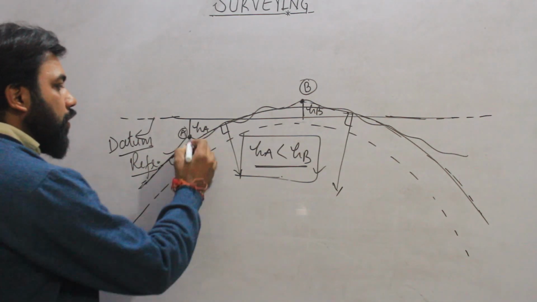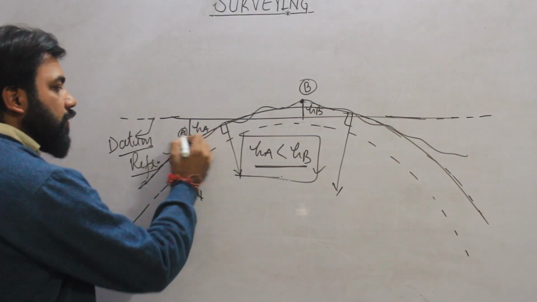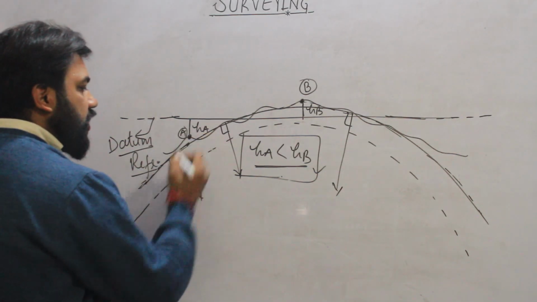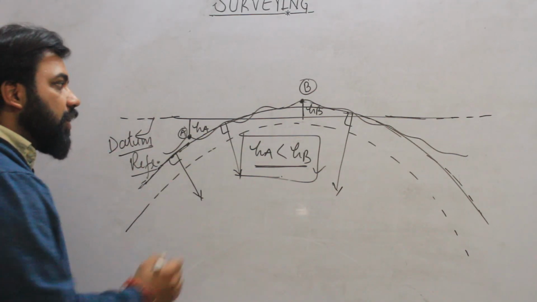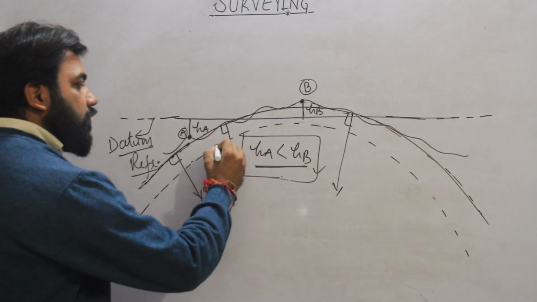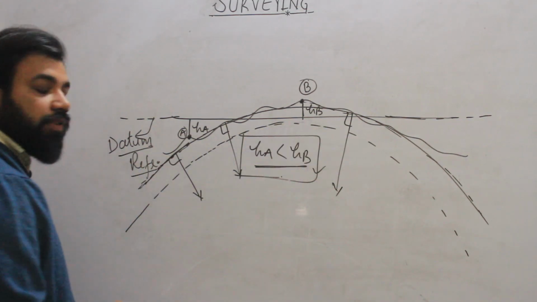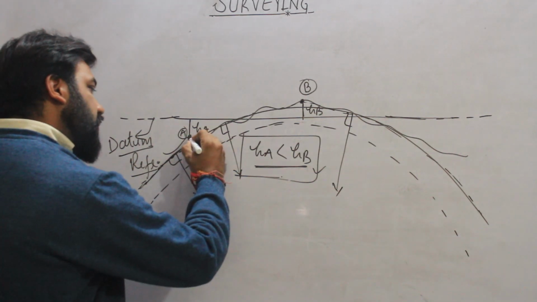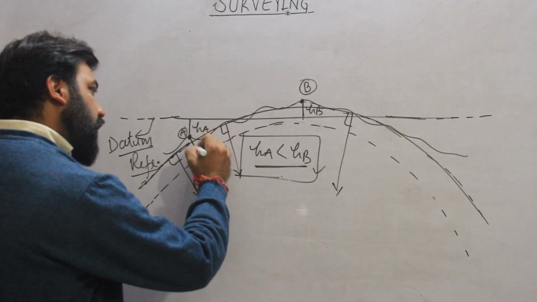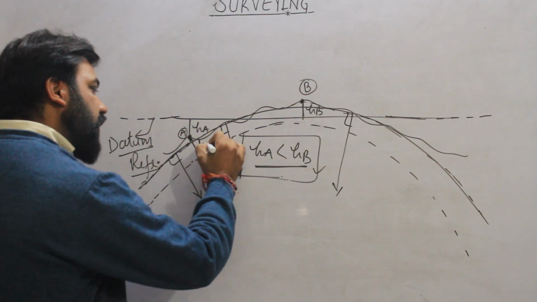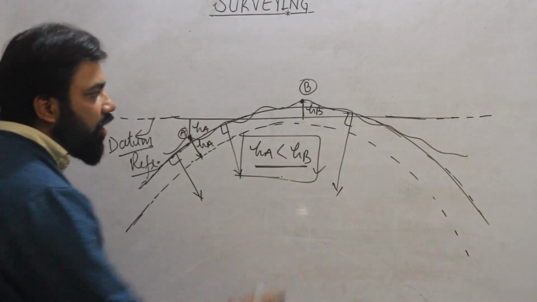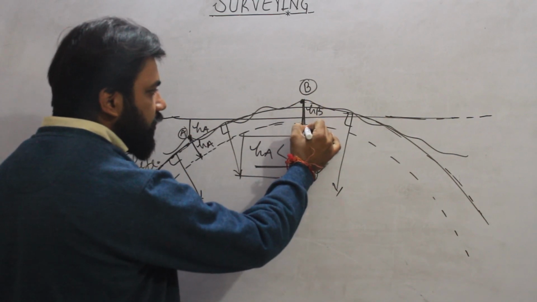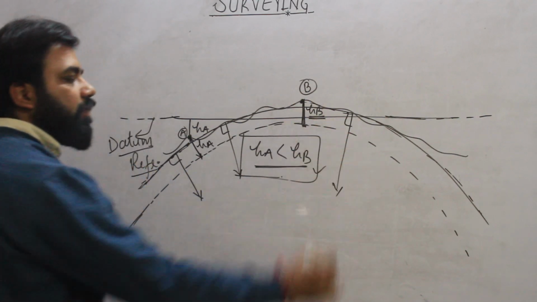Okay, so now we will see this line is also passing through HA. So what will happen? At HA we will measure, or we are taking the reference, the curvature of earth. So this height is taken as HA, and now our reference level of HB is this height to the curvature of the earth.